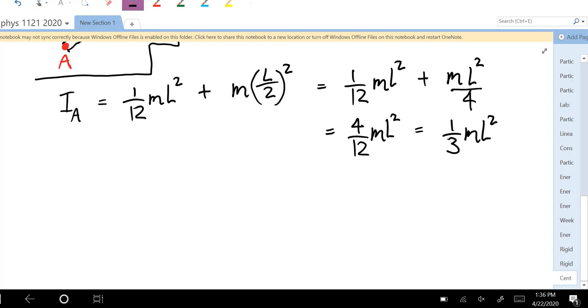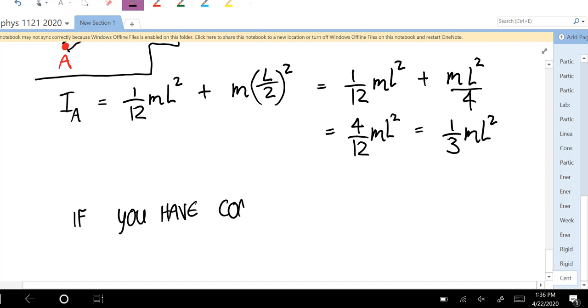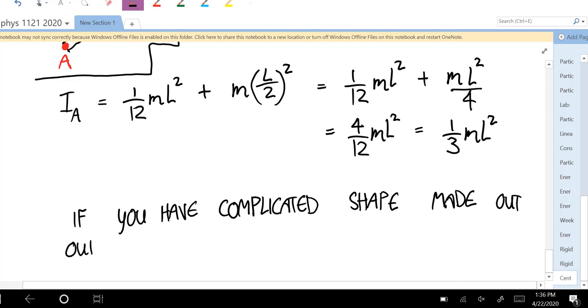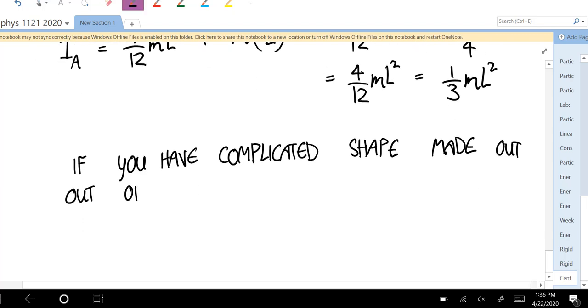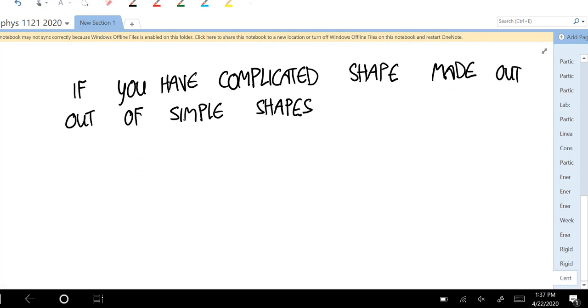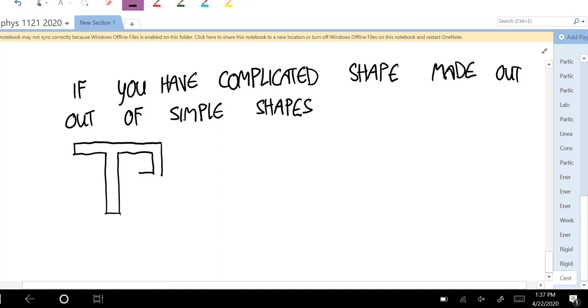And we have this for some simple shapes, but it turns out that if you have a complicated shape made out of a combination of simple shapes, so let's say that we have a shape like this.